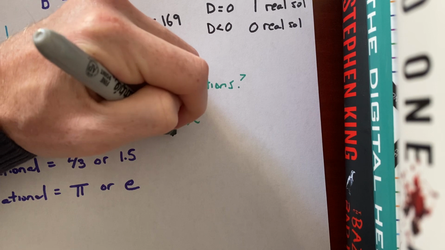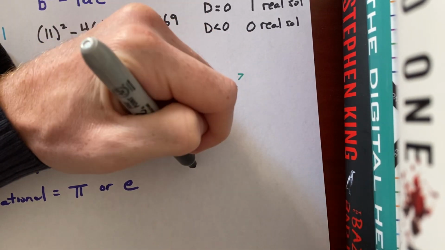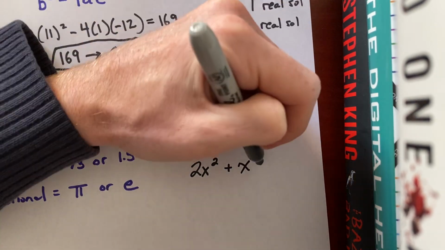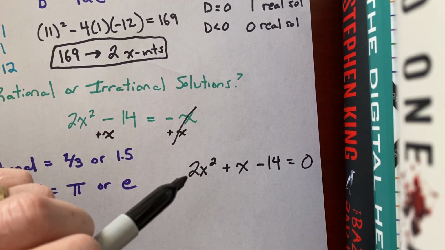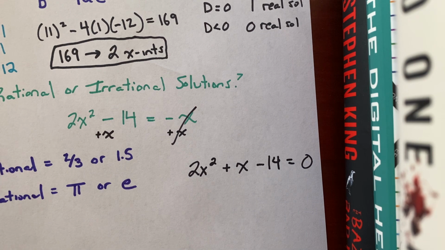So I'm going to bring this term over to the left, and I get 2x squared plus x minus 14 equals 0. Always get in the habit of writing the x squared term, then the x term, and then the constant. All right, so now I'm going to do that discriminant formula.